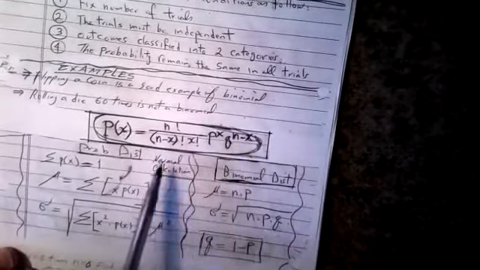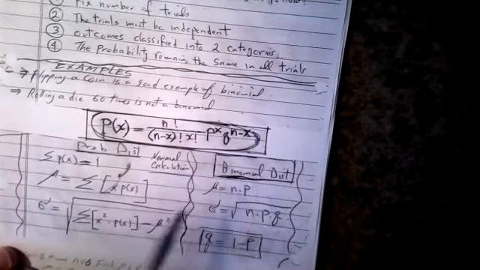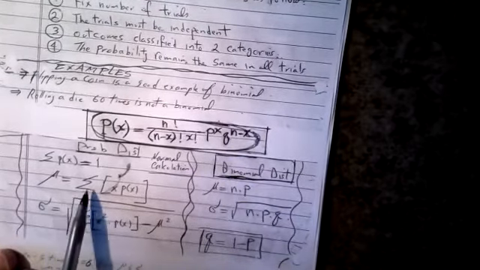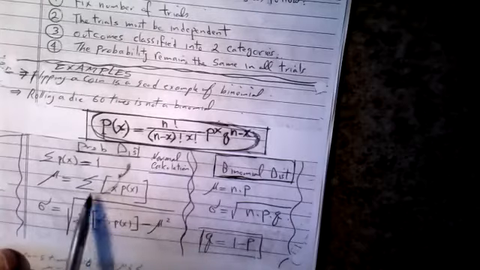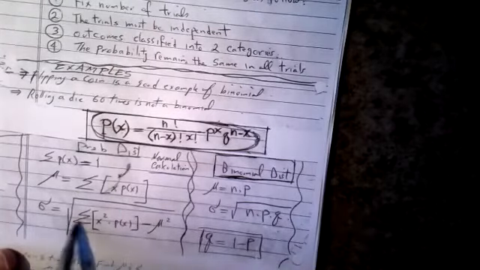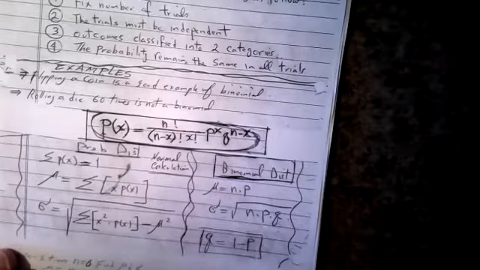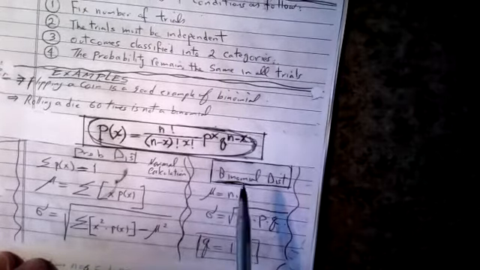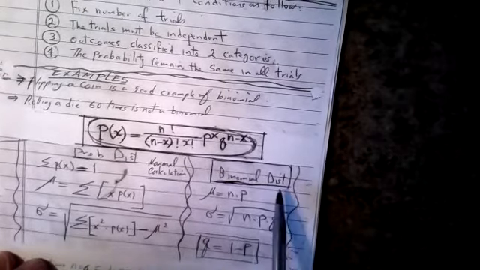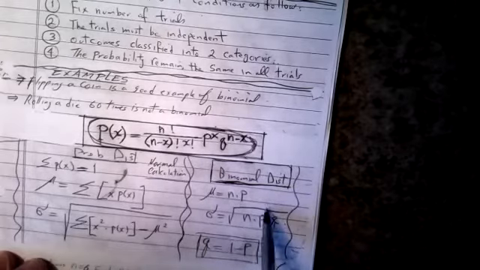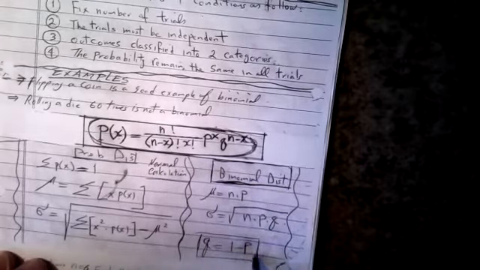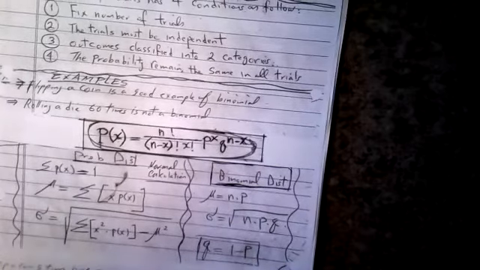For a general probability distribution, if we ask you to calculate the mean, as we discussed in the previous example, the mean is always the sum of x times P(x), and the standard deviation is from this formula. There is a special kind of binomial distribution, and those formulas are different.